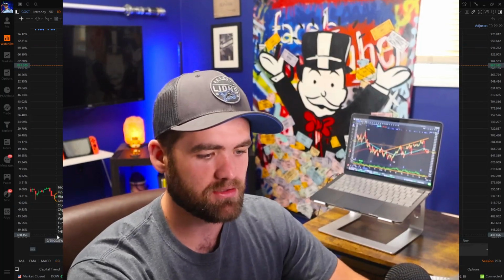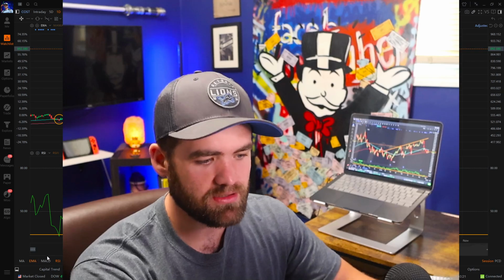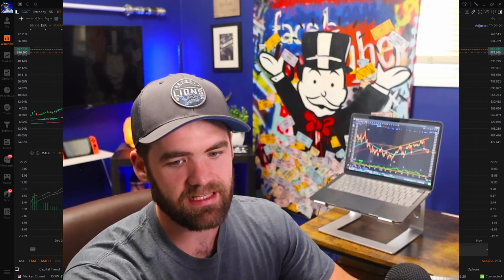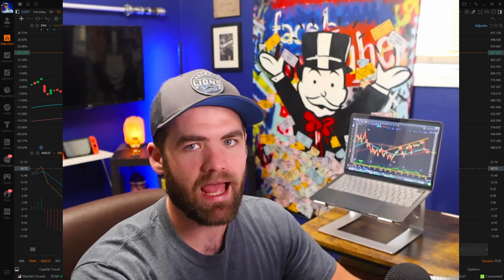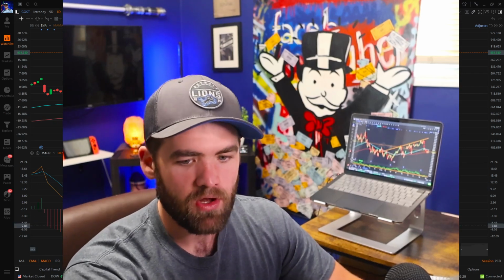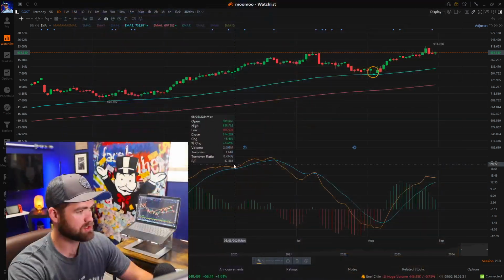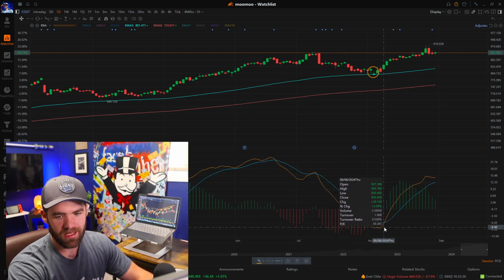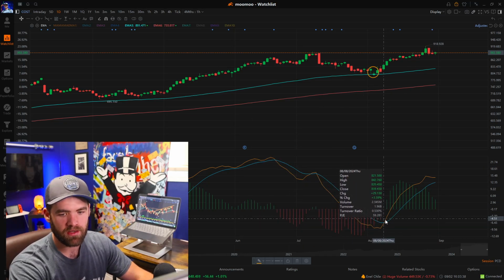Now, another indicator, and we'll actually just start leaving them up here, is the MACD indicator. The MACD indicator represents an entry and an exit point. Let's actually go ahead and show you guys. With the MACD, what we look for is this orange line breaking up through the blue line.